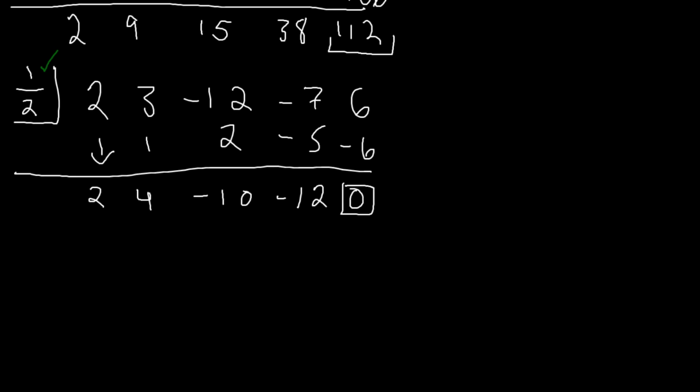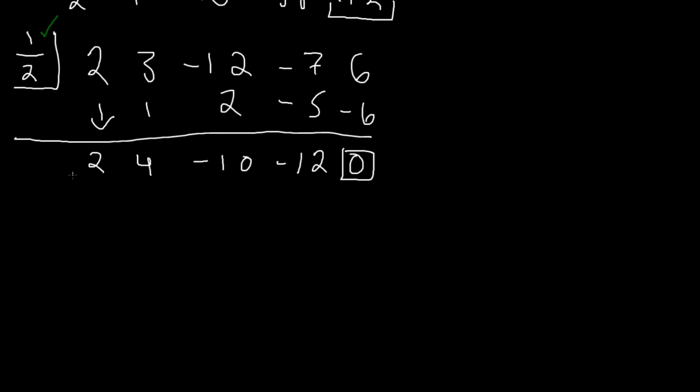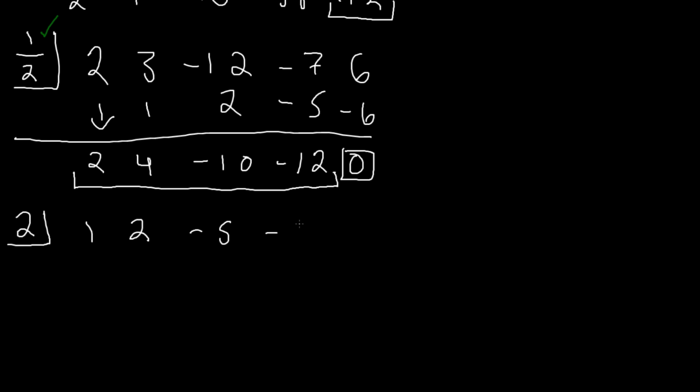And now these can be our new coefficients for our new polynomial function. So next in our candidates, let's try positive 2. We can divide all these by 2, and for the coefficients of the new polynomial function we get 1, 2, negative 5, and negative 6.